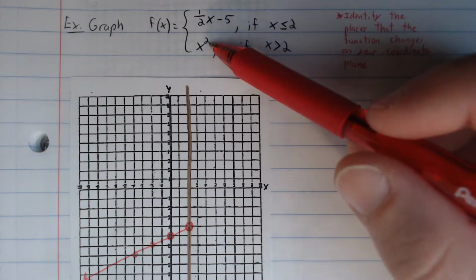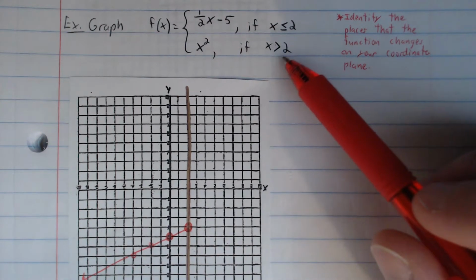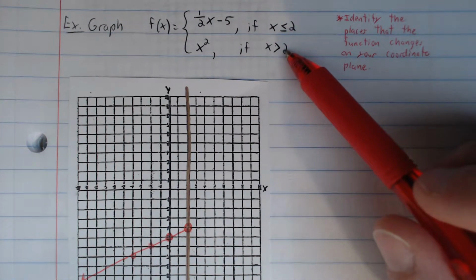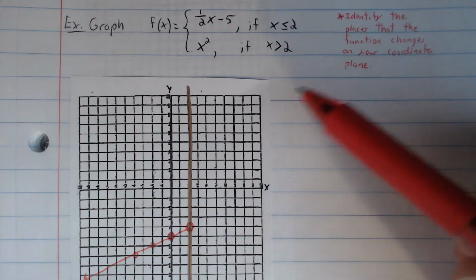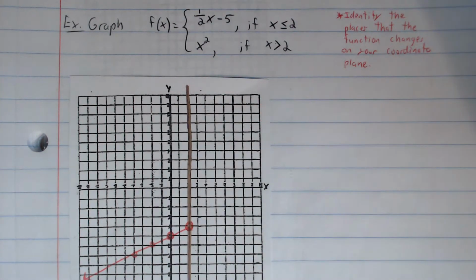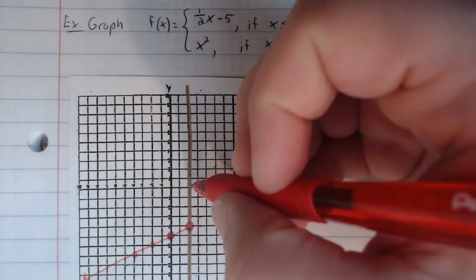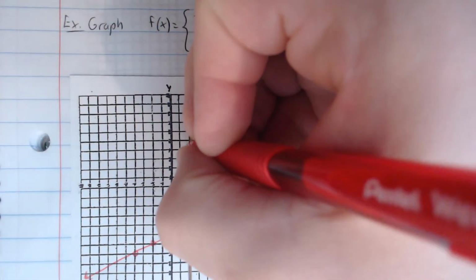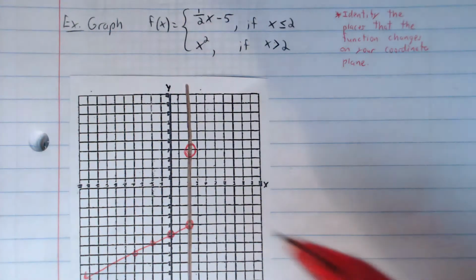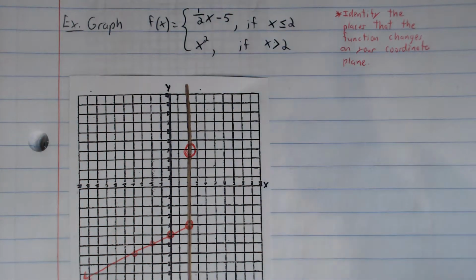As far as this x squared, I want to evaluate at 2 to figure out where it would be if we included it. So if I use 2 and square it, we would get 4. So at 2, I would get 4 out. But I can't technically include that point, so I'm going to leave it as an open circle.